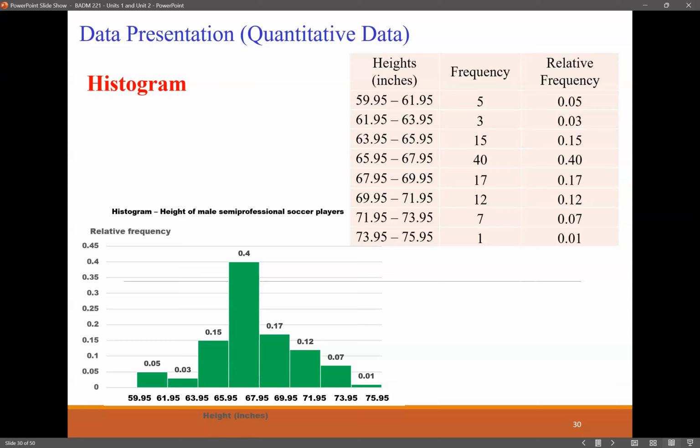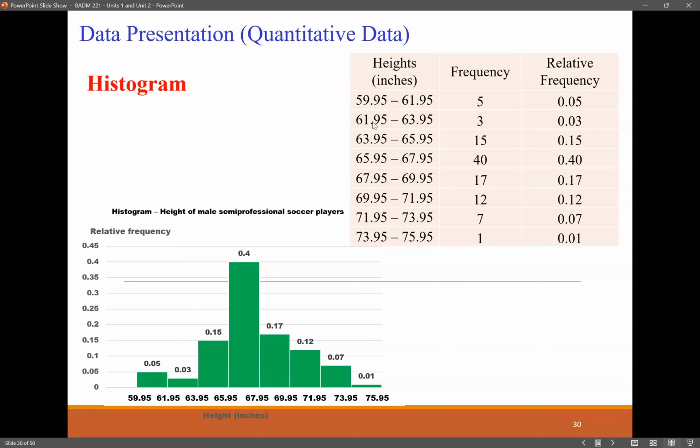Histogram. It is another type of bar chart where the data is represented in terms of intervals. If you have data within an interval, generally there will be no gaps within the interval. So if you have data of this kind, you can see 59.95 to 61.95, and then again 61.95 to 63.95. So this data is included here.